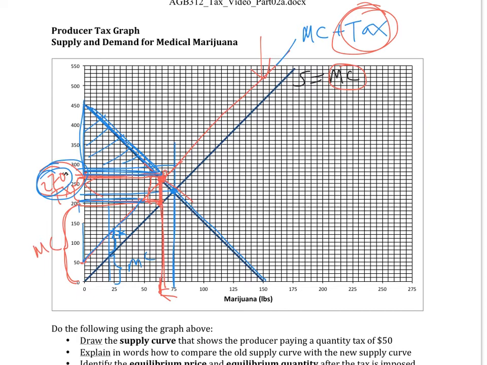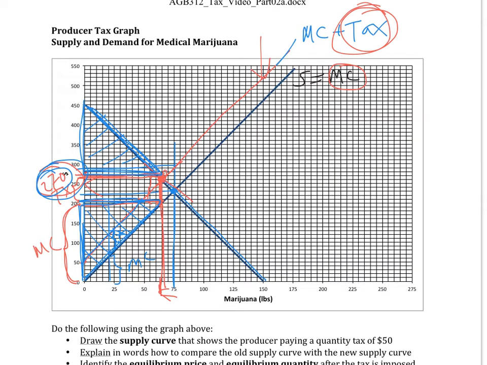And it has to be above the original marginal cost curve. Okay, so again, we're not using that shifted curve. We're using the original marginal cost curve, and that is our producer surplus. So there's lots of little tweaks in here that you have to watch out for.